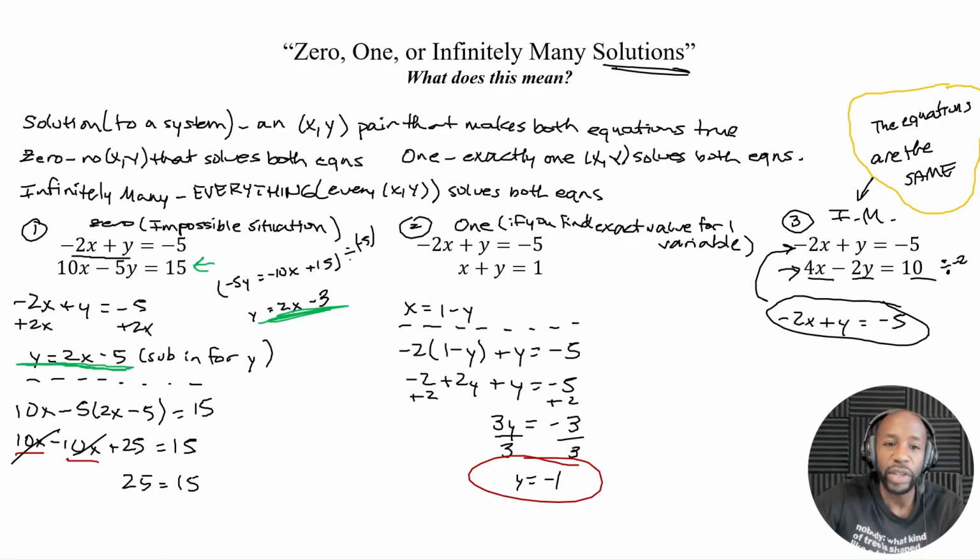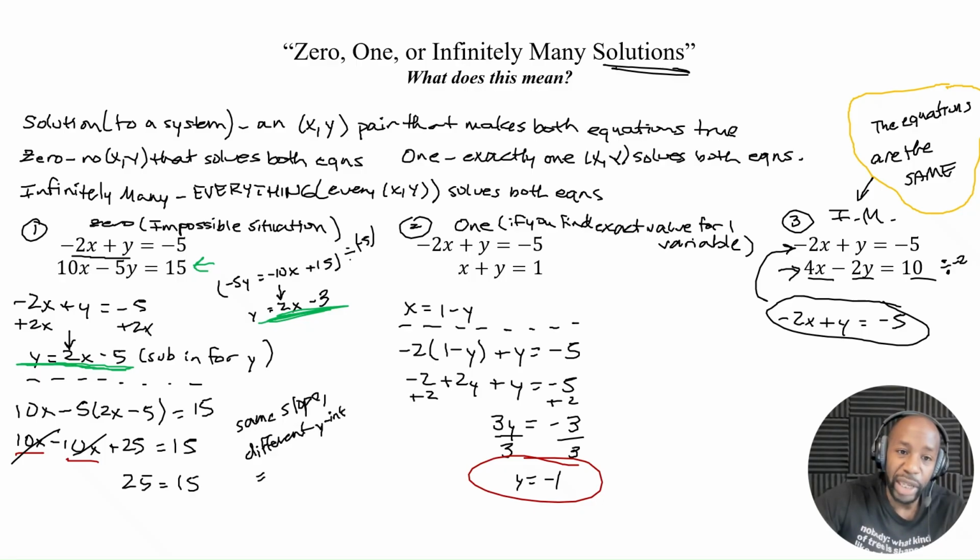So what you have is the same slope, but different y-intercept, which means zero solutions. Why is that?